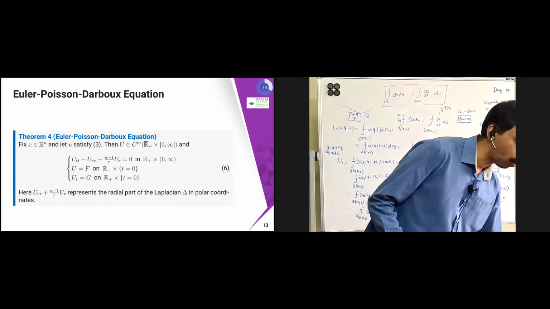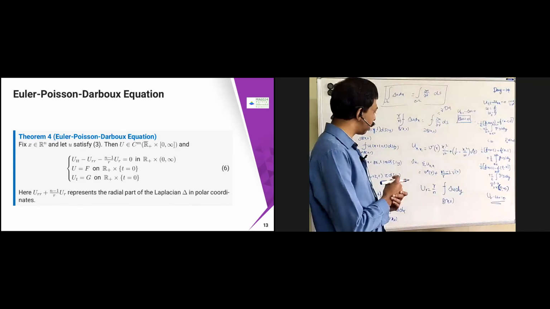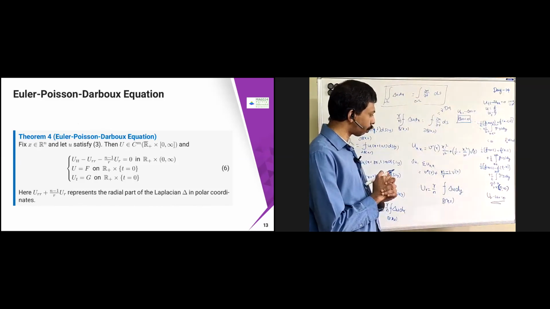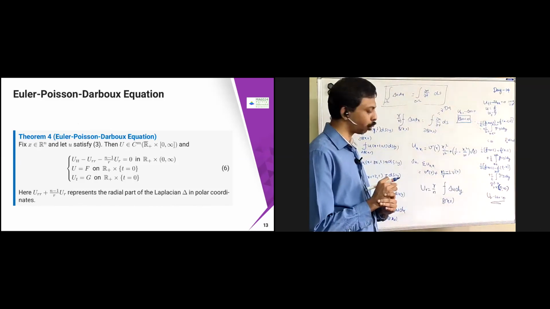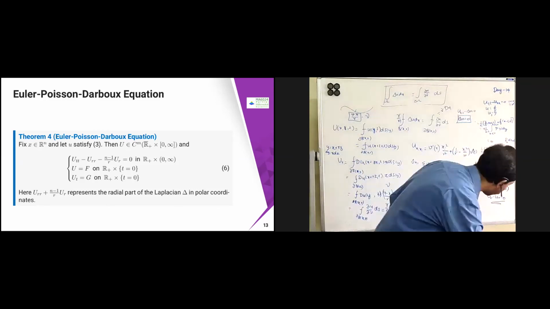Now what we are trying to prove is that this is going to solve the problem u_tt minus u_rr equal to 0. This is called the Darboux equation.